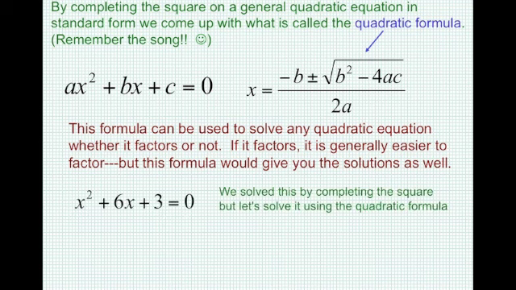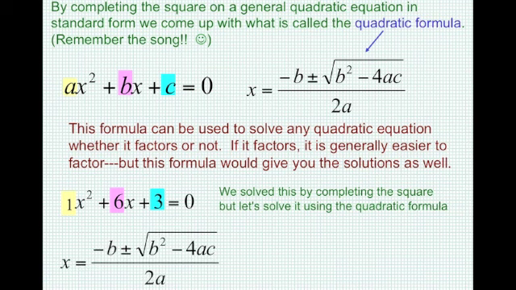We solved x squared plus 6x plus 3 equals 0 by completing the square. Let's try using the quadratic formula and see if our answers match. So as you can see, my a value is going to be 1, my b value is 6, and my c value is 3. Remember that we only use the coefficients and that constant. We don't want any variables inside of our quadratic formula.